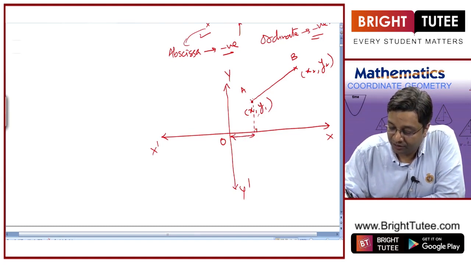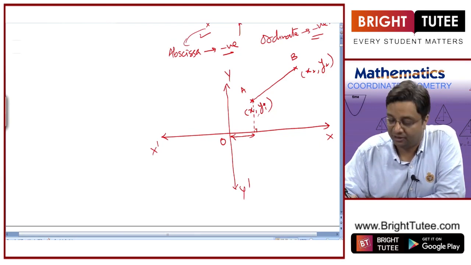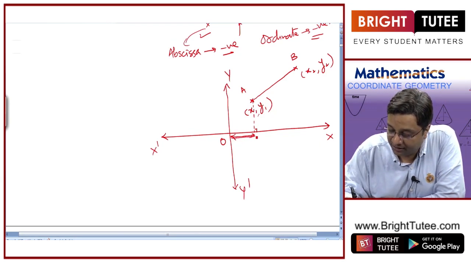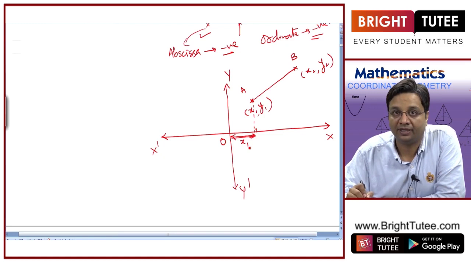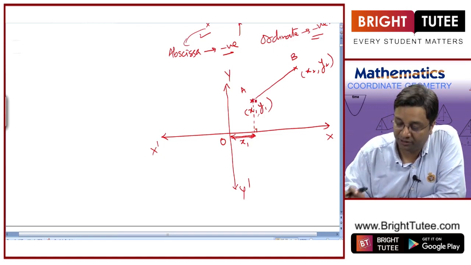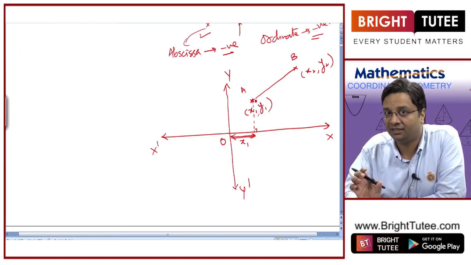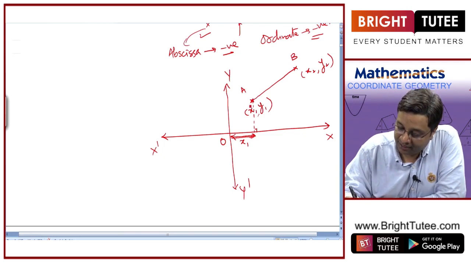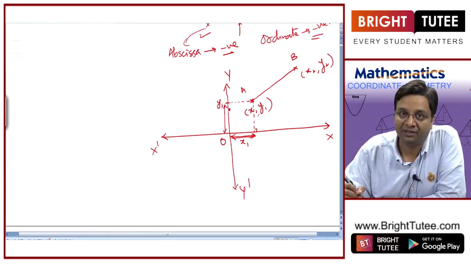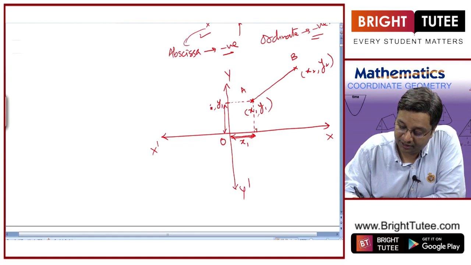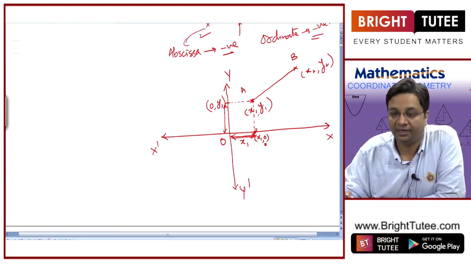If the coordinates of this point are x1, y1, so obviously this distance is x1, right? So to reach this point you have to go x1 distance in the x direction, and what will be this point here? It will be y1, right? This distance will be y1. So this point is (0, y1), and this point here is (x1, 0), right?